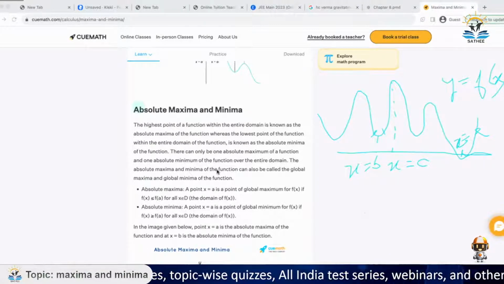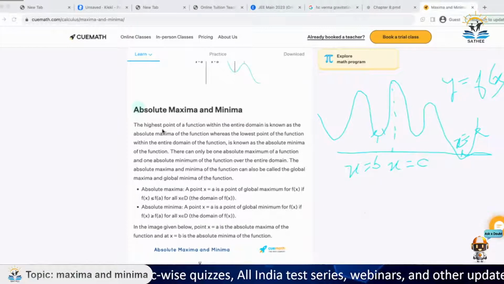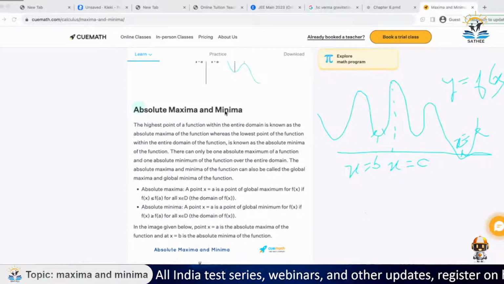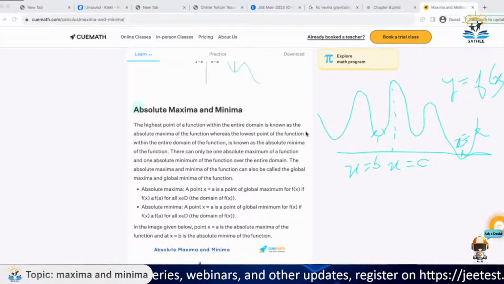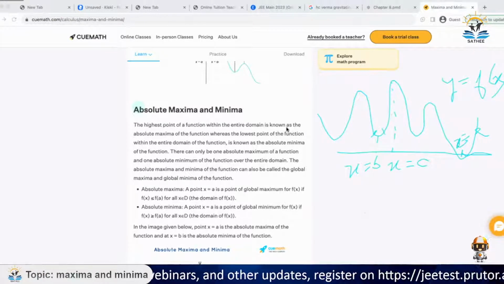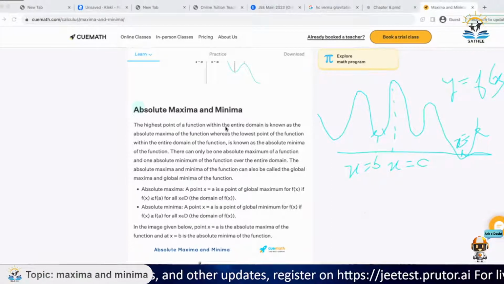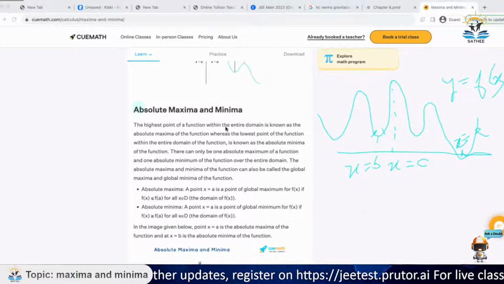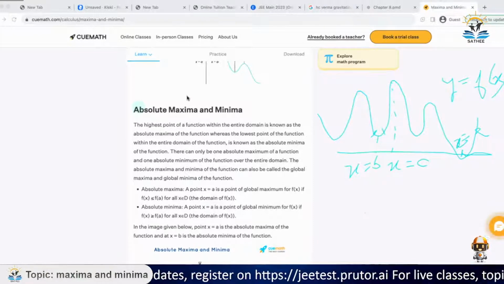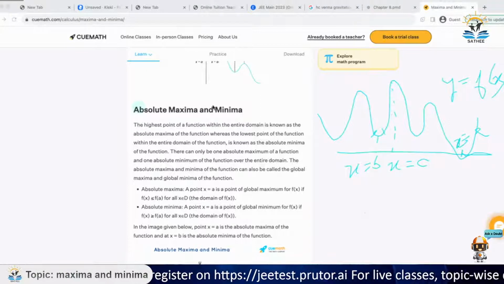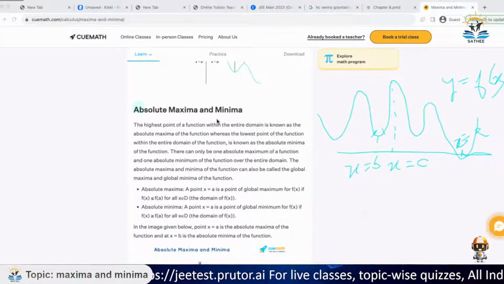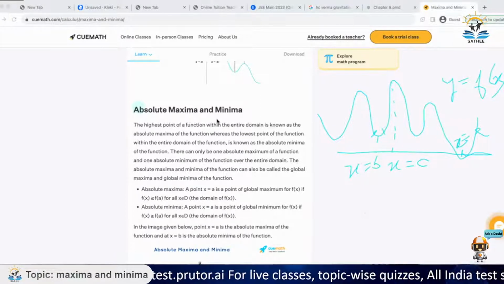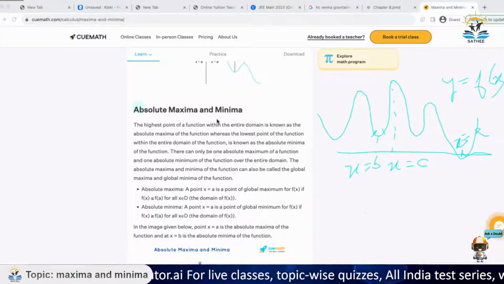Absolute maxima is the value of the function that is the greatest among the entire function. Suppose we have a function f of x is equal to sine x. We can say absolute maxima is equal to 1. It occurs at many points, but this is the greatest value of the function. Absolute minima is the leastmost value of the function, that at any point x, the function cannot go below the value of absolute minima.